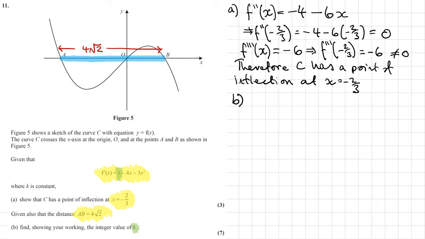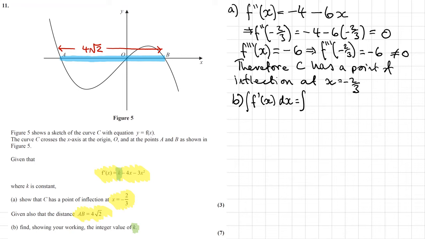So 4 root 2 is the distance basically between these roots here, A and B, and if we're dealing with roots we need to know what the equation is. So that means we're going to have to integrate our derivative here to work out, or at least make a start on working out, what that function is.